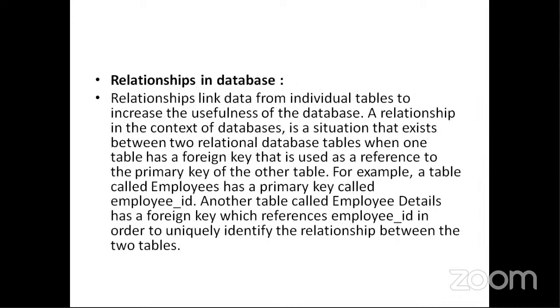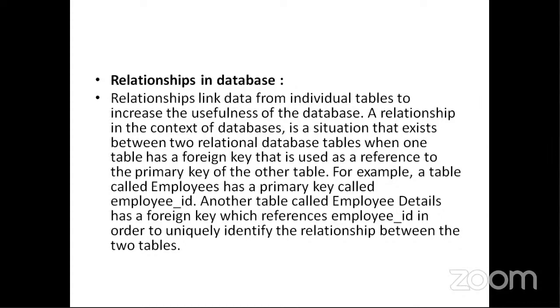Then relationships in a database. Relationships link data from individual tables to increase the usefulness of the database. A relationship in the context of databases is a situation that exists between two relational database tables when one table has a foreign key that is used as a reference to the primary key of the other table.